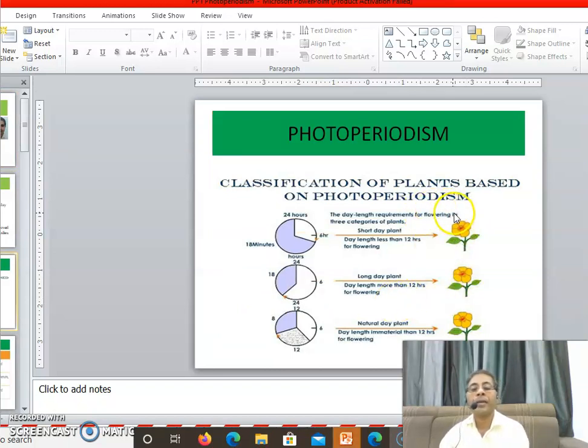Look at this diagram: the length of the day here is less than 12 hours and here it is more than 12 hours. This is the basic difference in day length, and here is the day neutral.